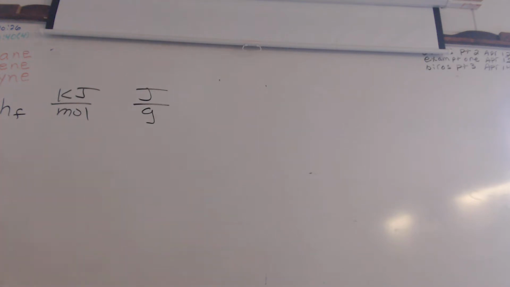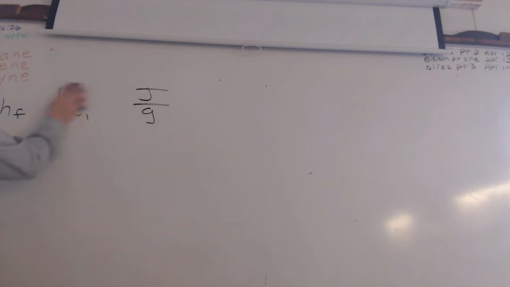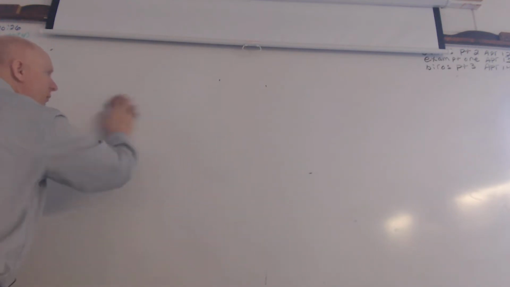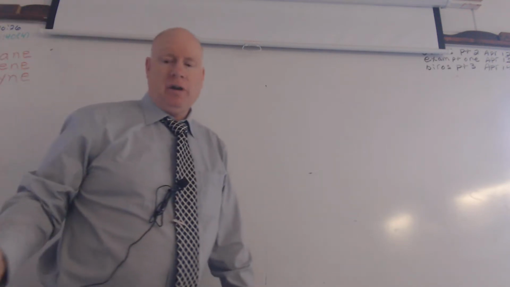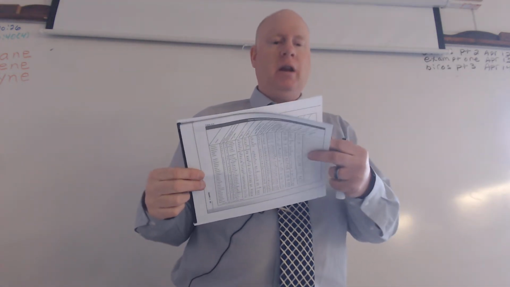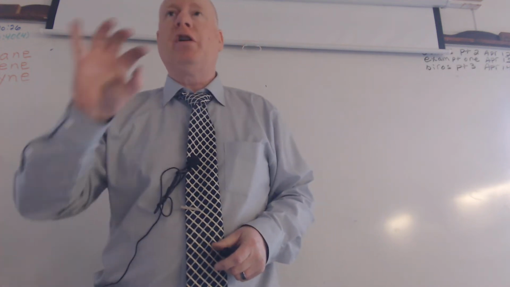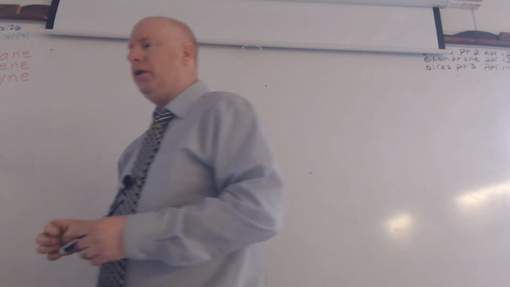It has to be a pure metal because we don't have any other numbers to go by for heat of fusions or vaporizations. What I will put in the drop folder is a table with all these values, but they're measured in kilojoules per mole. So we are going to show you how to convert them to joules per gram, and then those 5-step problems are much, much easier to deal with.